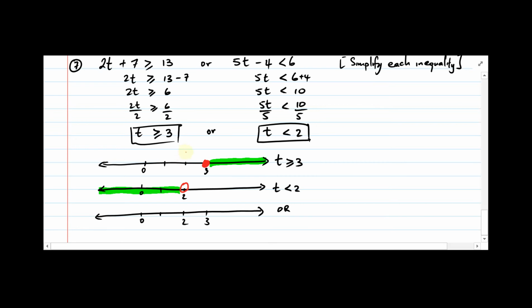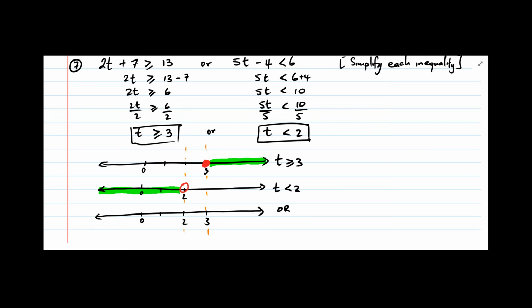Recall what we did. Let's look at these as regions. And if we do, when we're putting the union together, you must be in one set or the other or both.